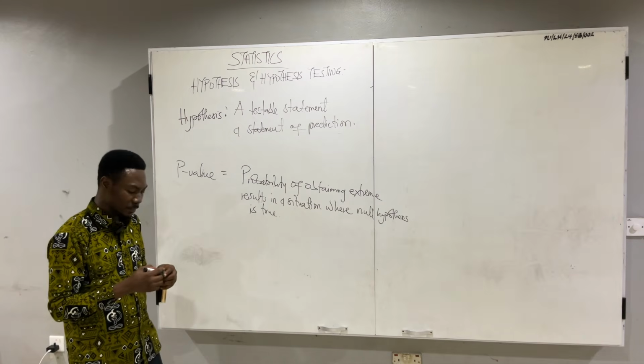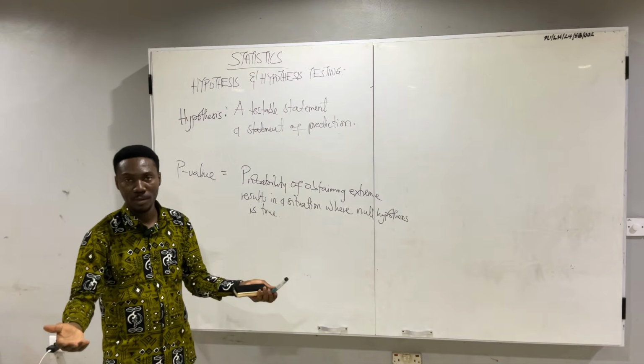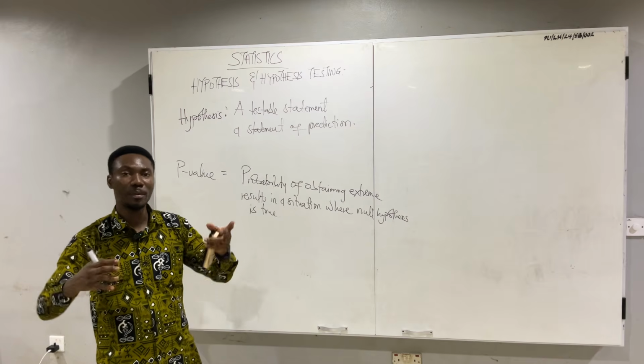P-value is simply the probability of obtaining extreme results in a situation where the null hypothesis is true.